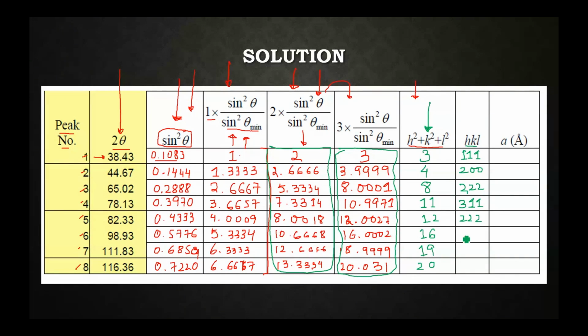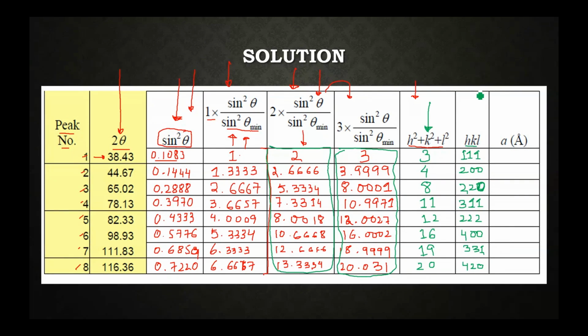Sir, the one above, the 220, comes in front of 8. Yes, 220. This would be 400, and 19 would be what? 331, and this would be 420.